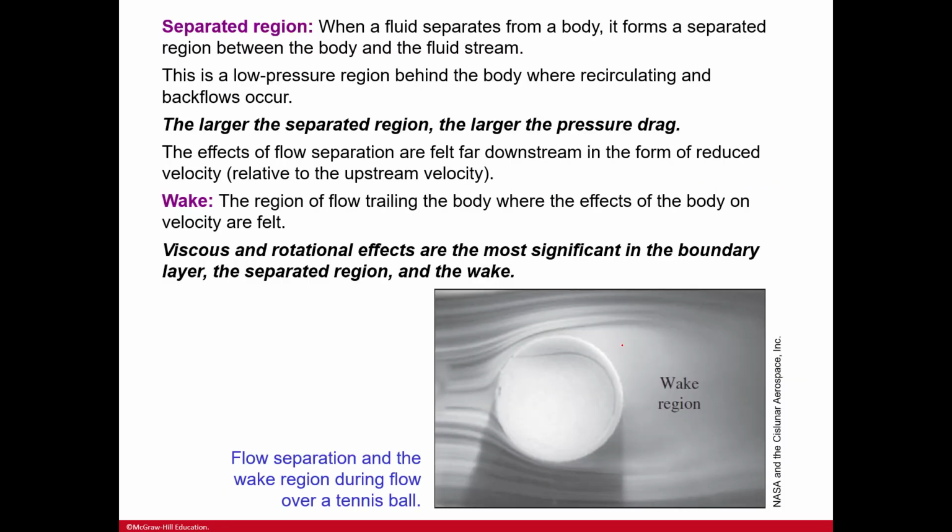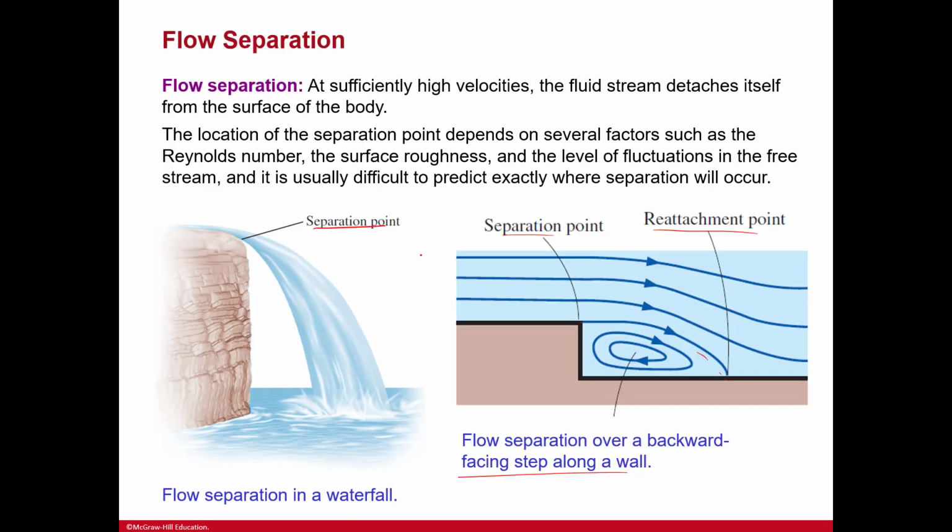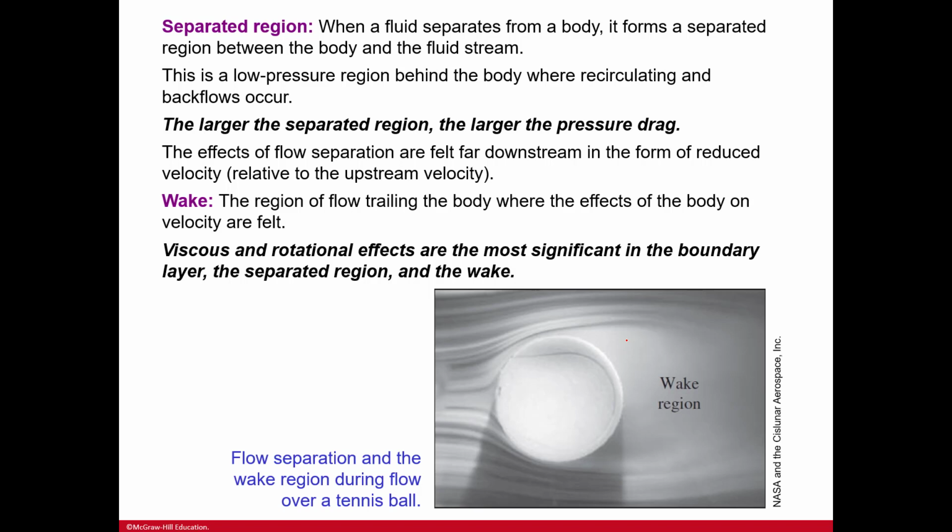So the separation region: when a fluid separates from a body, it forms a separated region between the body and the fluid stream. This is a low pressure region behind the body where recirculation and backflow occur. So you can see that here, where it separates and you get that backflow. The larger the separated region, the larger the pressure drag.